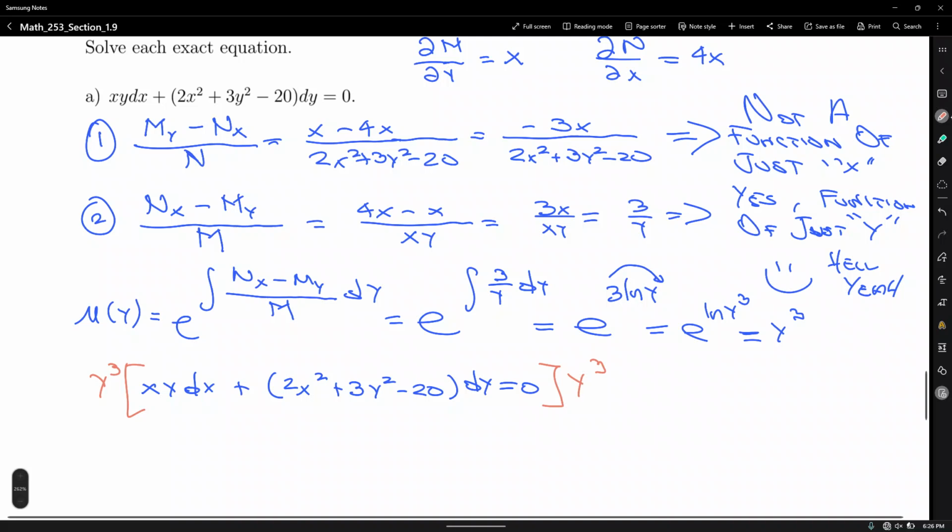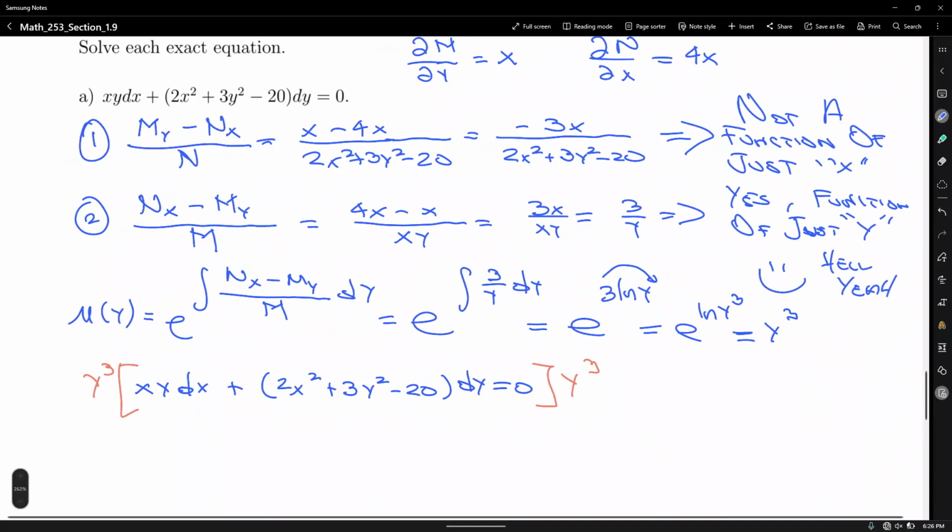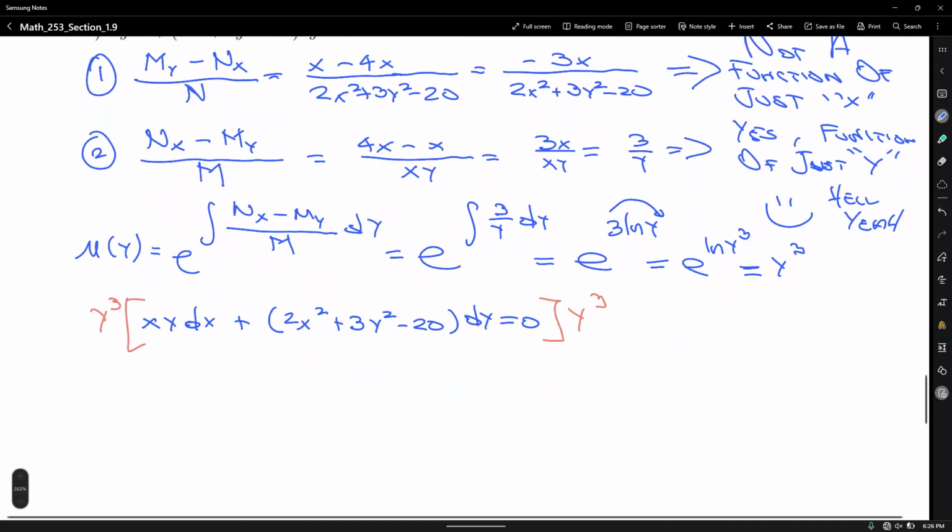What is this going to be? xy times y cubed becomes xy to the 4th dx, plus y cubed times 2x squared is 2x squared y to the 3rd power, plus 3 times, distribute, 3y to the 5th, and minus 20y cubed dy equals 0.